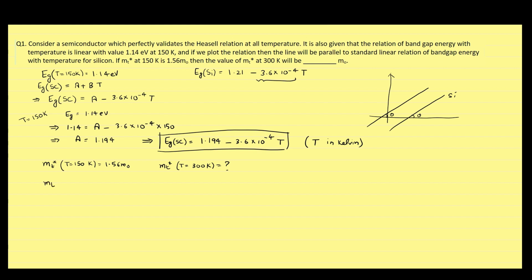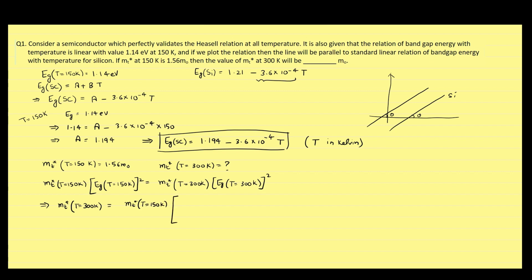And as per the Hazel relation, we have transverse effective mass at 150 Kelvin multiplied by square of band gap energy at 150 Kelvin equal to transverse effective mass at 300 Kelvin multiplied by square of band gap energy at 300 Kelvin, which gives transverse effective mass at 300 Kelvin to be equal to transverse effective mass at 150 Kelvin multiplied by square of band gap energy at 150 Kelvin divided by square of band gap energy at 300 Kelvin.